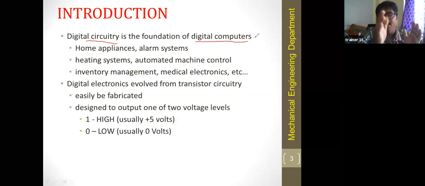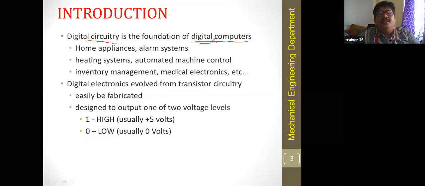In that, so many applications are there: home appliances, alarm systems, heating systems, right?